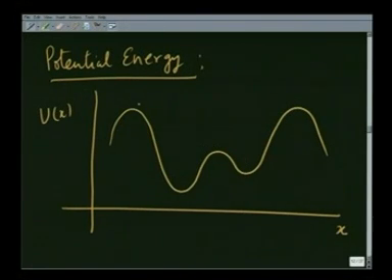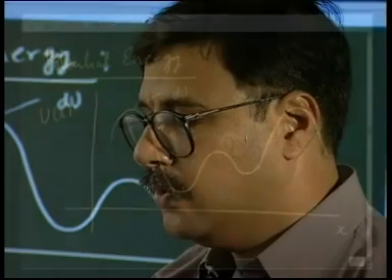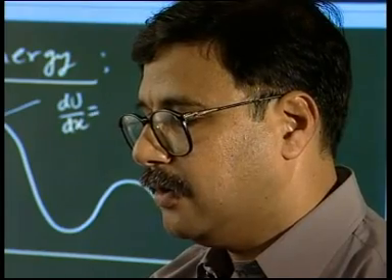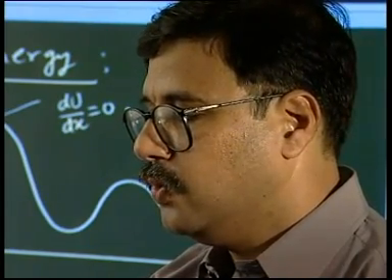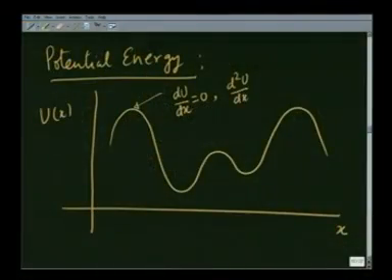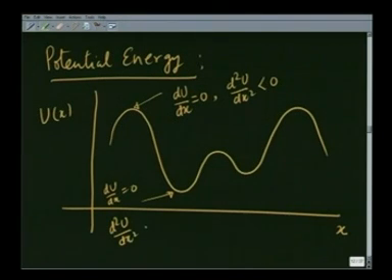There are different points I want to identify in this. This is the maximum of potential energy, where I have dU/dx equal to 0 and d2U over dx square less than 0. There is this point where I have dU/dx equal to 0, and this is a minimum, and therefore, d2U over dx square is greater than 0.